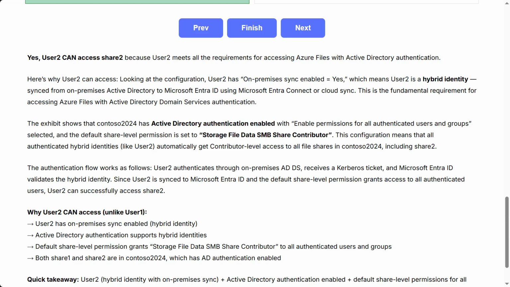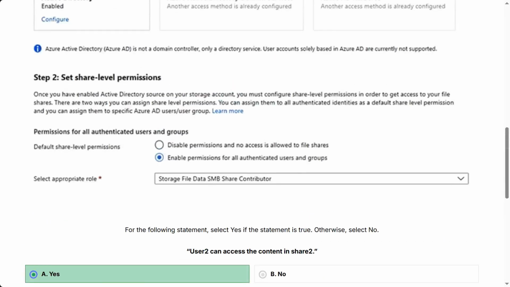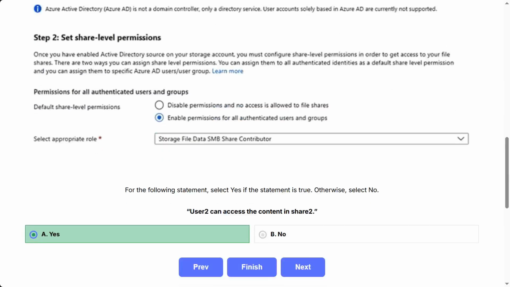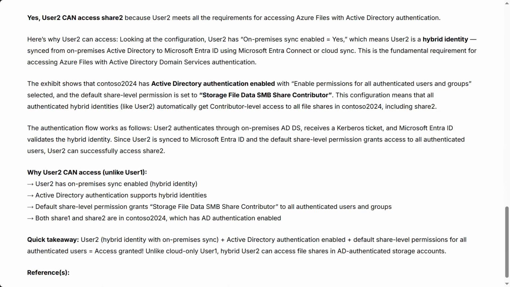The exhibit shows that Contoso 2024 has Active Directory authentication enabled with Enable Permissions for all authenticated users and groups selected, and the default share level permission is set to Storage File Data SMB Share Contributor. This configuration means that all authenticated hybrid identities, like user 2, automatically get contributor level access to all file shares in Contoso 2024, including Share 2.